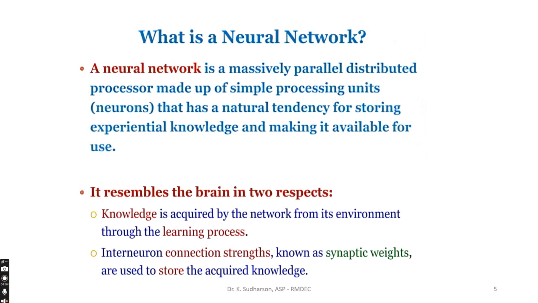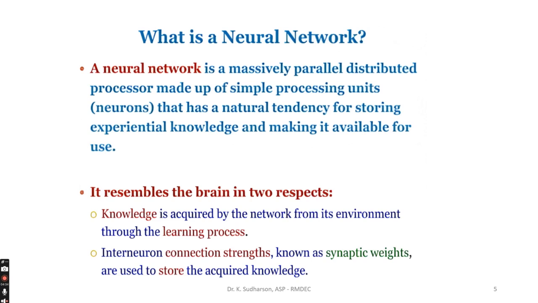These neural networks resemble our brain in two aspects. One is knowledge, and another one is connection strength. Knowledge is acquired by the network from the environment through the learning process. Like our brain, we are also learning and storing the data in the brain as acquired knowledge. In a similar way, the neural networks also learn the knowledge from the environment. And the interneuron connections, as I said, all the neurons are interconnected.